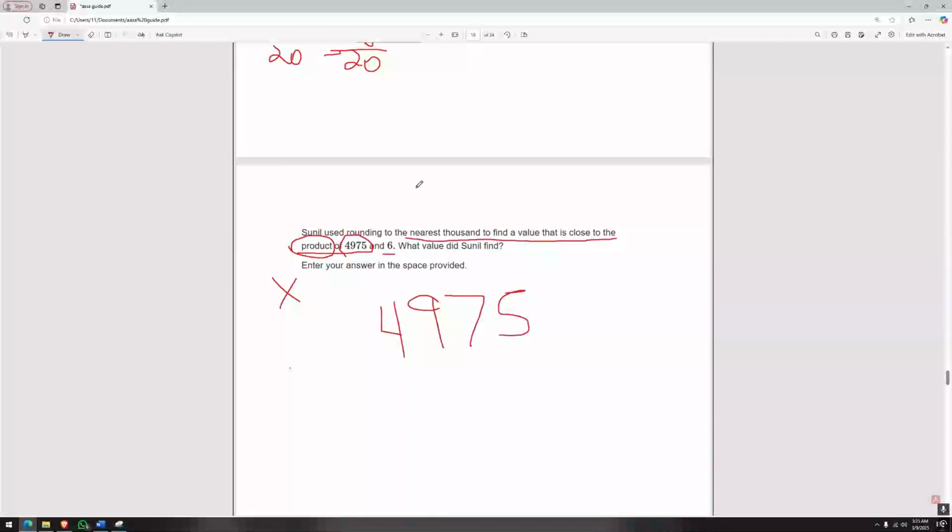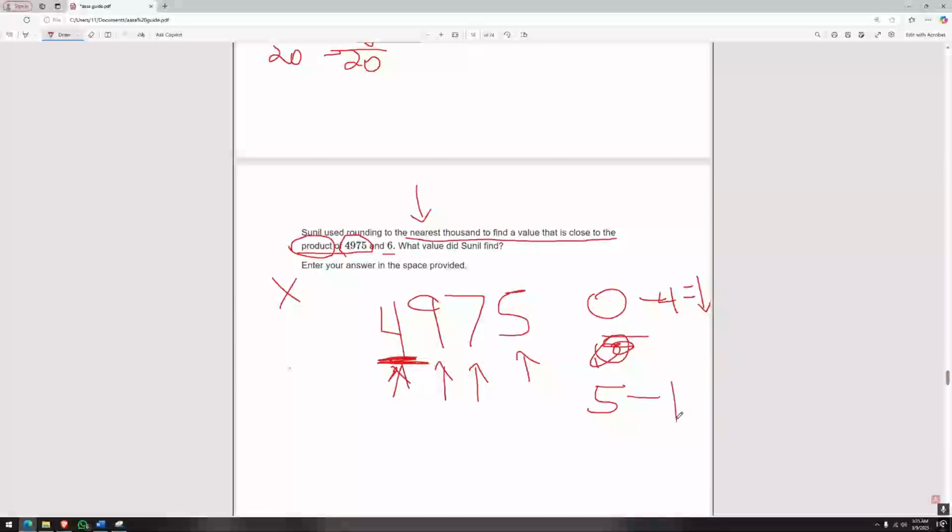First, we have to round this number. Dice to the nearest thousand. So, remember this is ones, tens, 100, 1,000. So, we have to round this one. Remember, 0 through 4 go down. 5 through 9 go up.